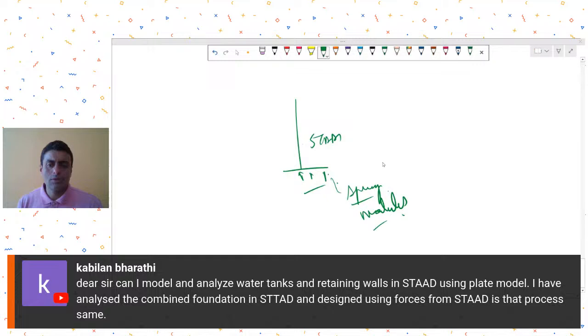So that option is also possible. Okay, just plate model. No, you are writing over here, I have analyzed the combined foundation in STAAD. So how did you analyze the combined foundation in STAAD? Or did you want to write STAAD Foundation? Where did you analyze and design the foundation? That is my question.